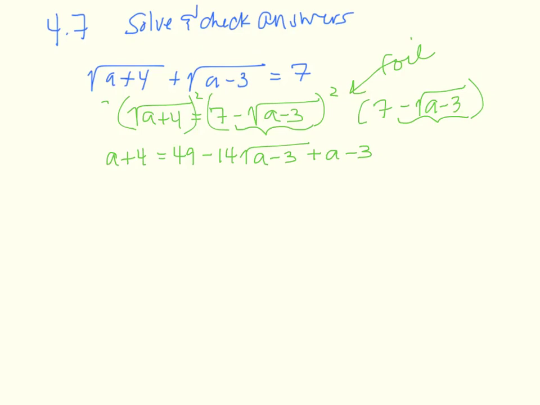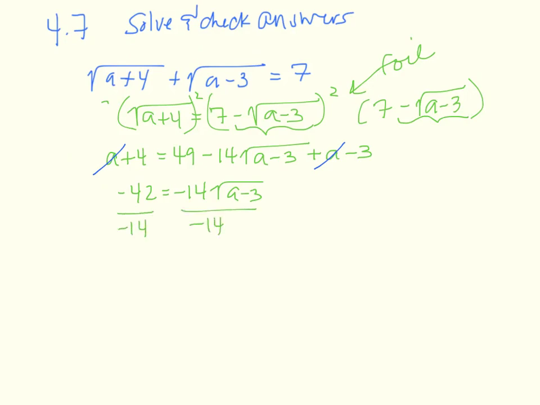So I want to see if anything cancels here. An a on this side and an a on this side are going to go away. I have 49 minus 3, which is 46, and moving that to the other side is going to give me negative 42 equals negative 14 root a minus 3. 14 does go into 42 evenly, so I will divide by that to get rid of it now.